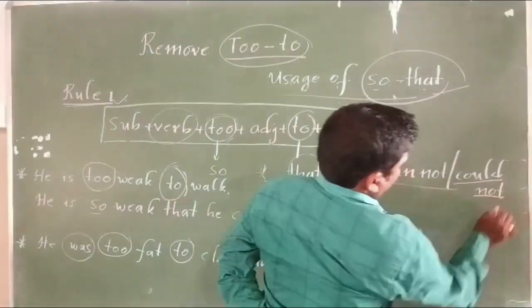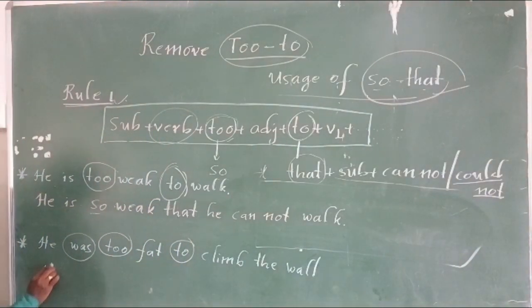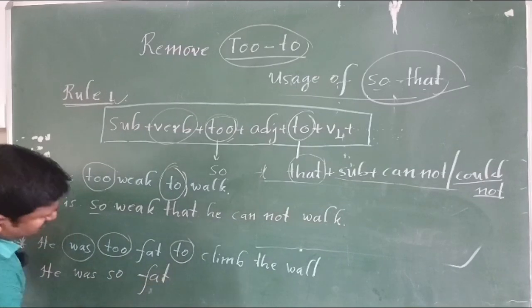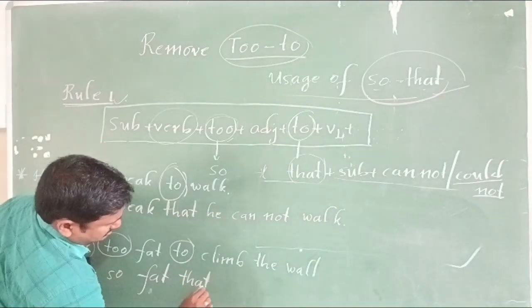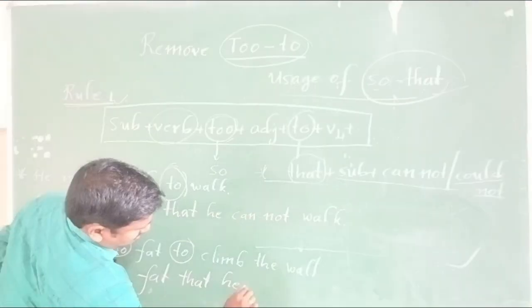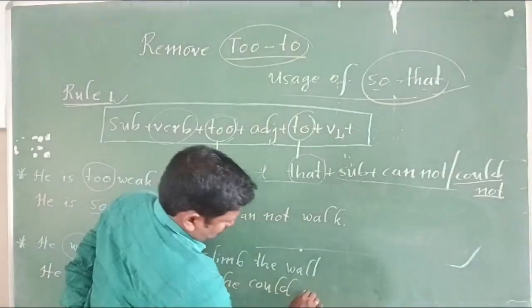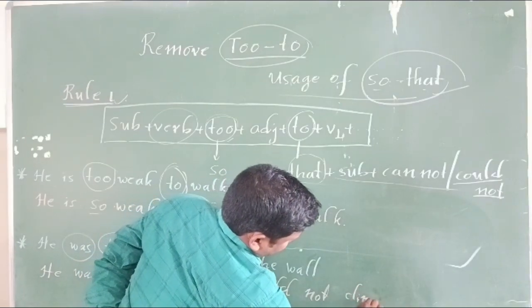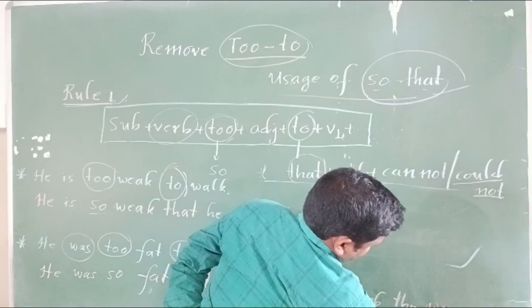The remaining part is as it is. He was so fat that he could not climb the wall.